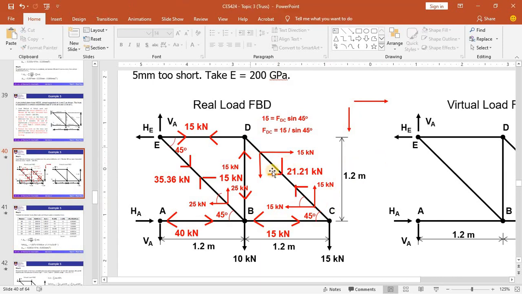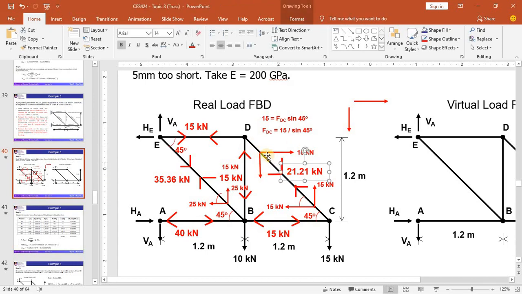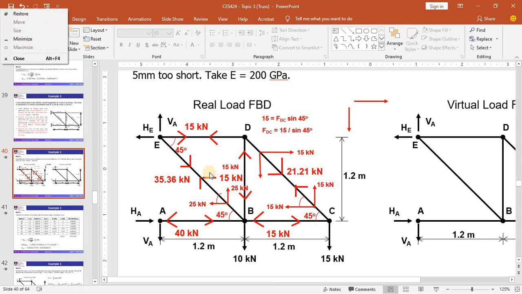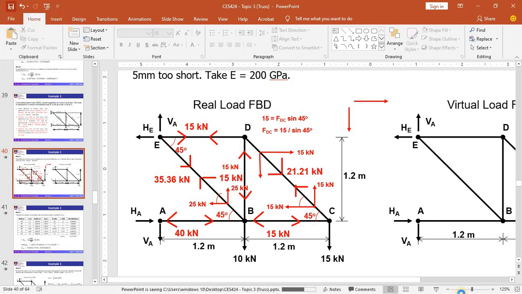So this is the resultant, and this is the component. Sorry for that. I made some mistakes on this, so I hope that you can identify the mistakes that I have made.